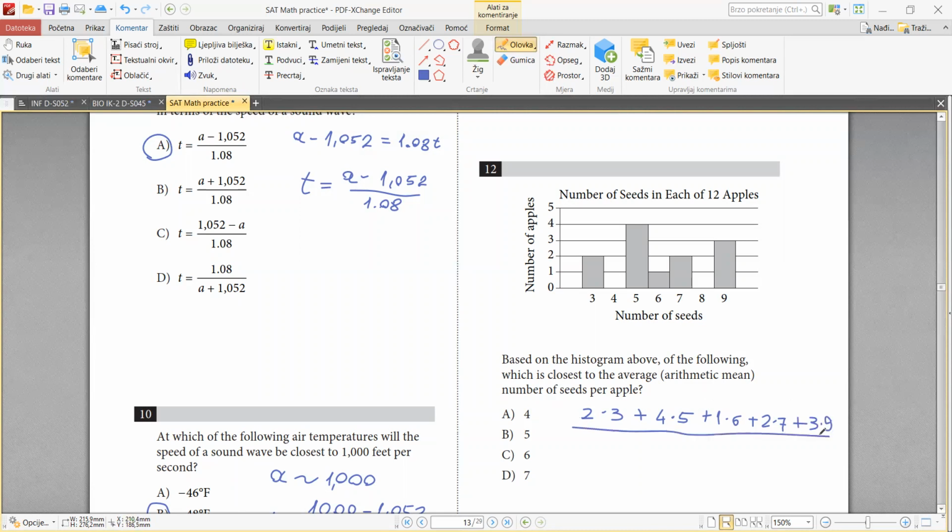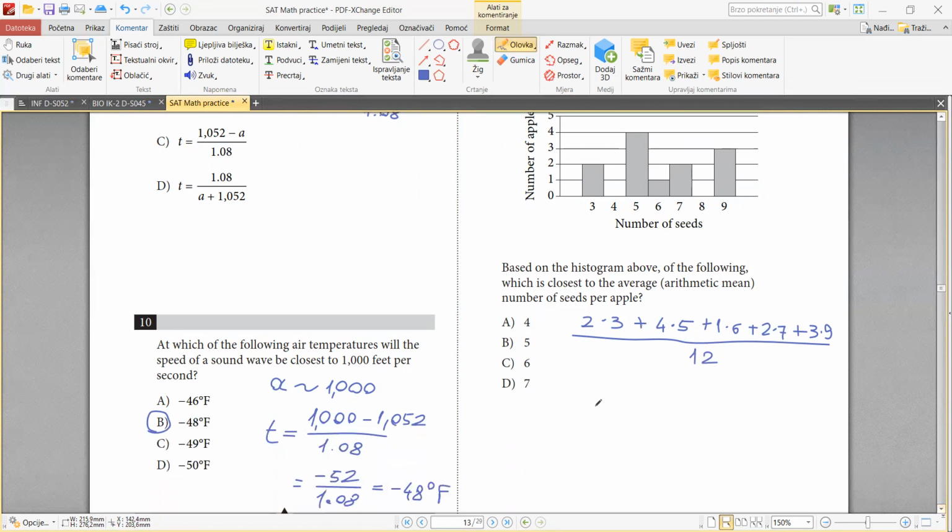And we'll divide that by the total number of apples, which is 12. And this is 6 plus 20 plus 6 plus 14 plus 27.